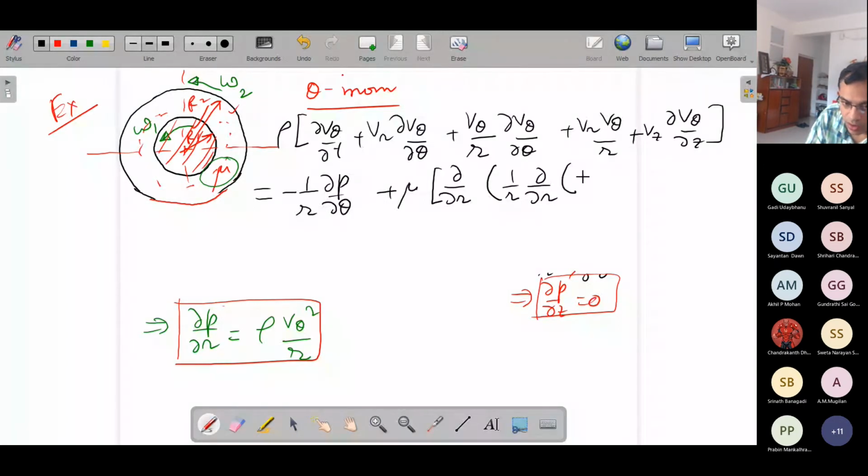So I'm just writing all the terms in the R theta Z coordinate system.